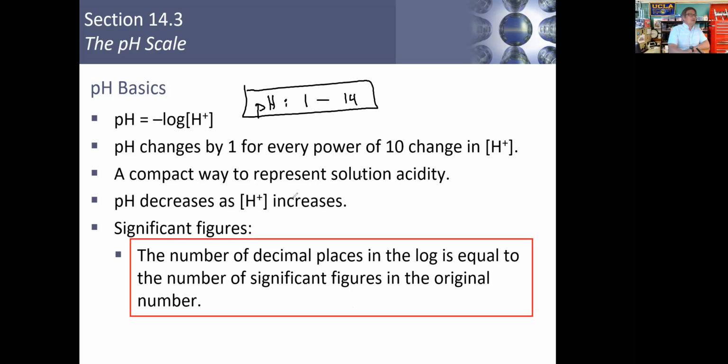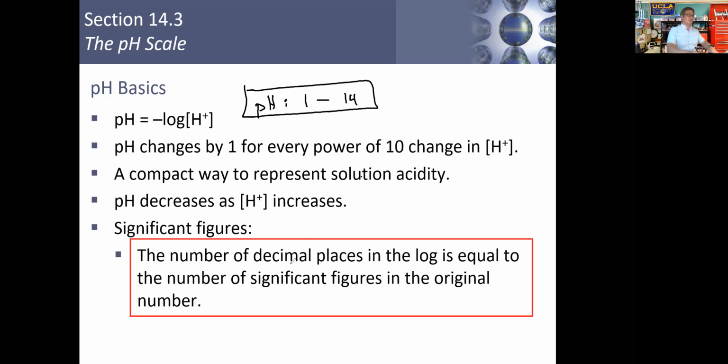The number of decimal places that we're allowed to keep for the pH is going to be equal to the number of significant figures in the hydrogen ion concentration.